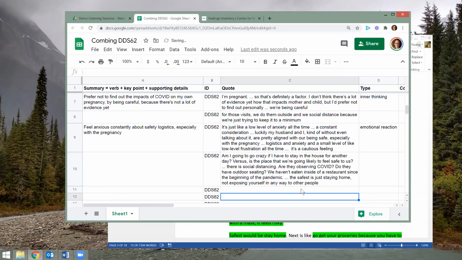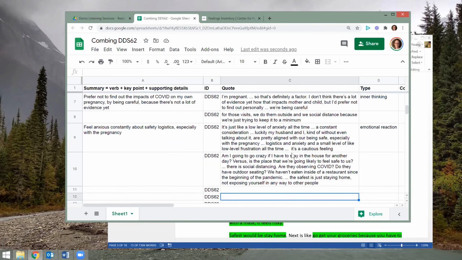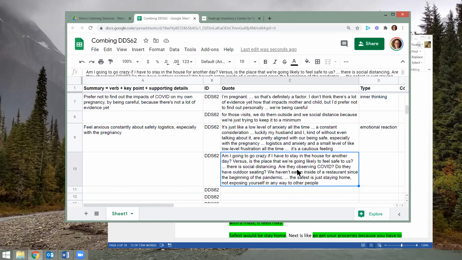Yeah, kind of, because like here I am at home going crazy, or here I am out in a restaurant exposing myself. This is that calculated risk thing. So let me go back up there. Okay, so that's the place and time. This is the generalized version of it.